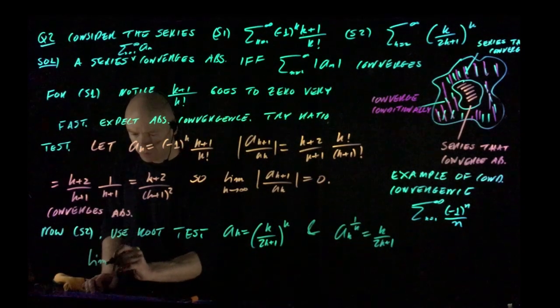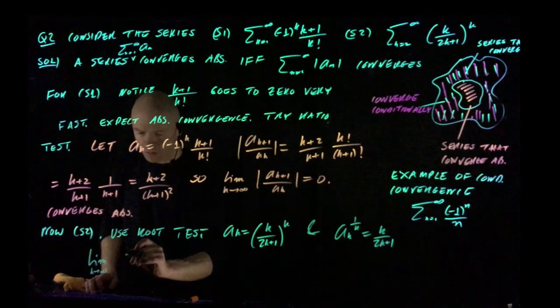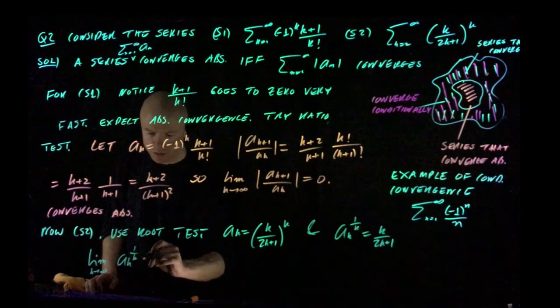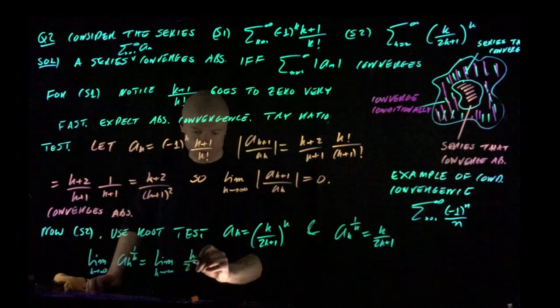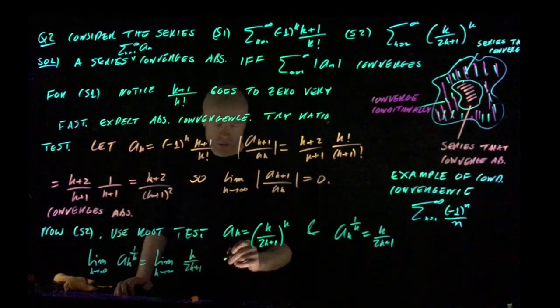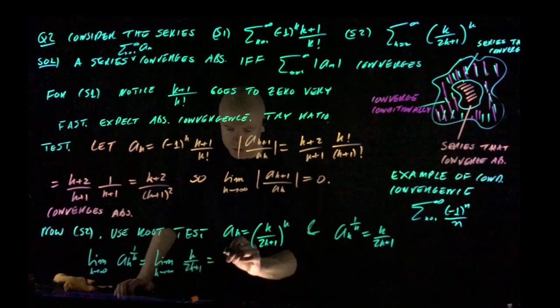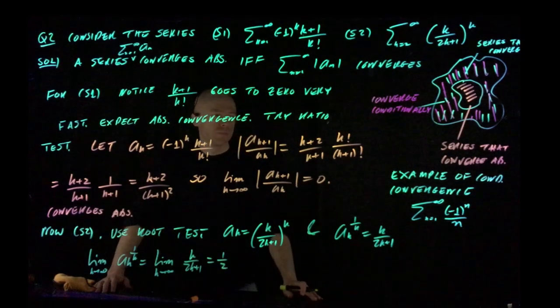And the limit as k goes to infinity of a_k to the 1 over k is just going to be the limit as k goes to infinity of k over 2k plus 1, which is equal to 1 over 2. Yeah? Cool.